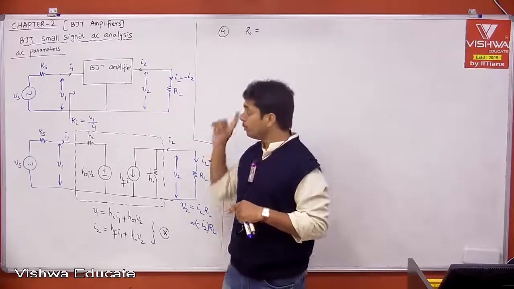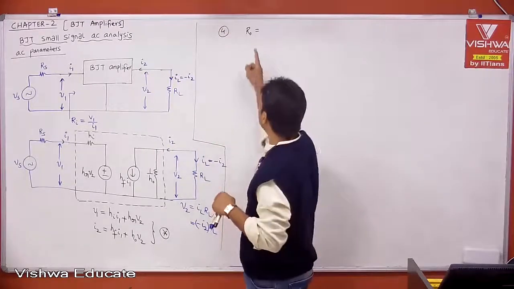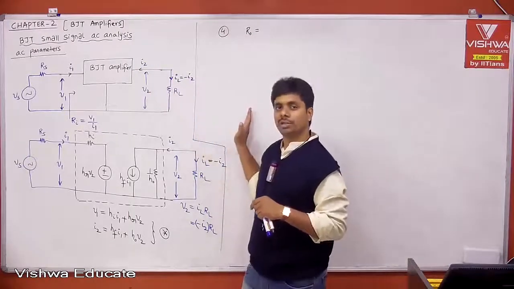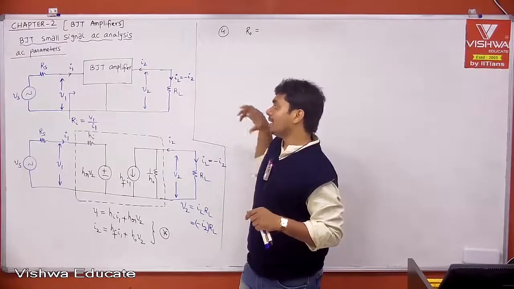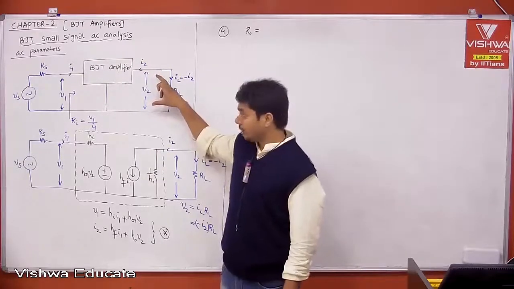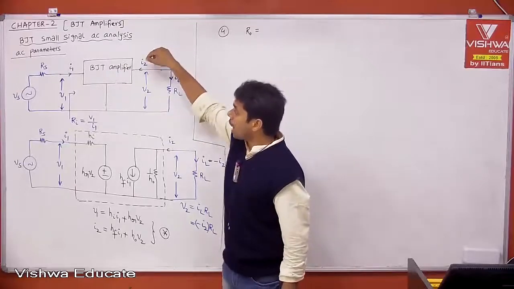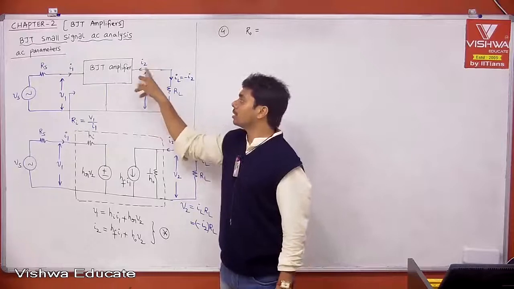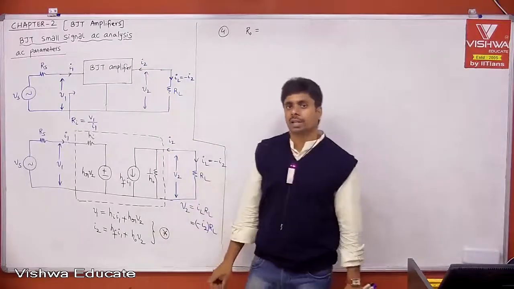But only for the output parameter, we are excluding the load and we are going to apply V2 externally. Then we see what is that I2 because of V2. Then V2 by I2 is nothing but your output impedance.